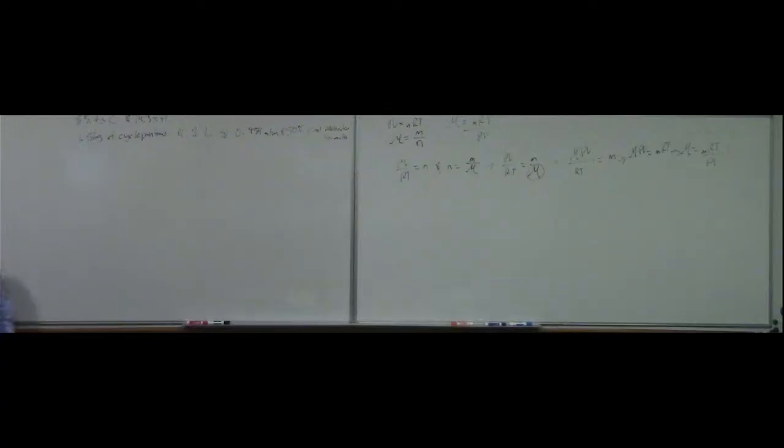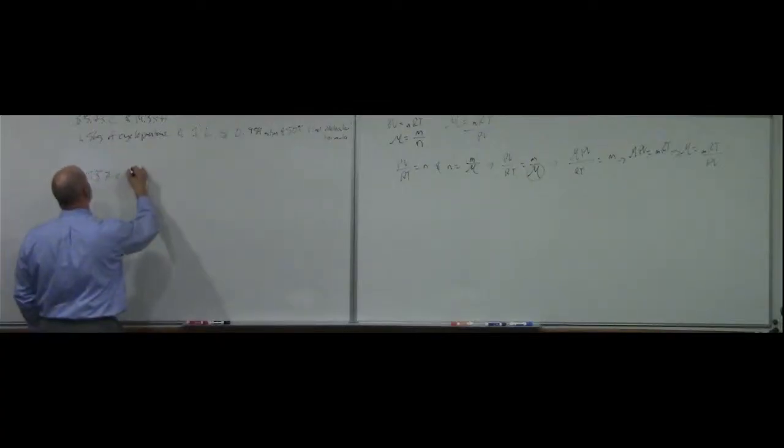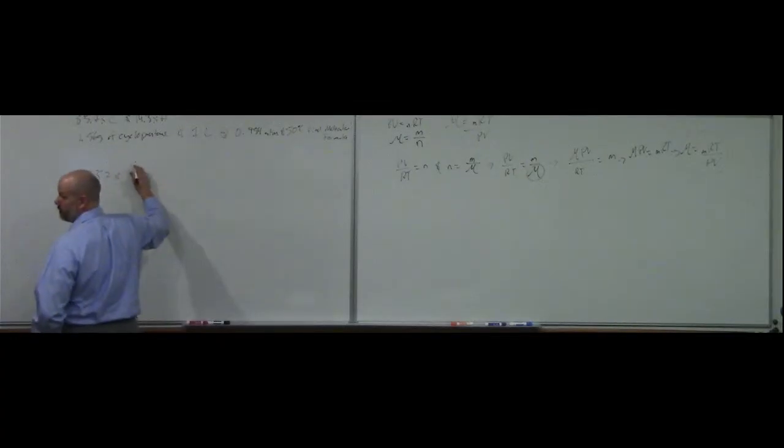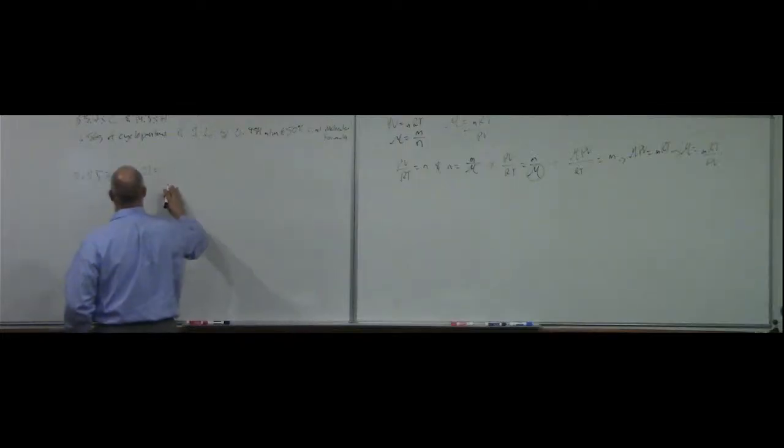Well, all right. Carbon. So or let's do it this way. 0.857 times, it's my formula for my molecular mass of carbon, 12.01, equals X. I think it's 83.7.